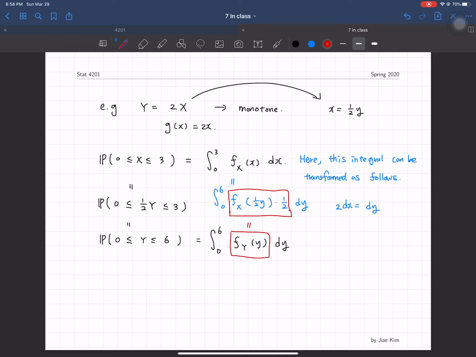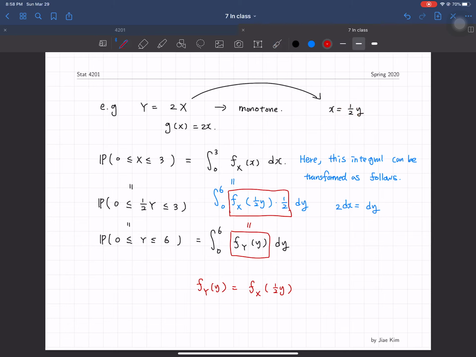So what this tells us is, in fact, this unknown density function of y, f sub y, can be obtained through the density function of x by replacing x by the inverse function of the transformation. In this case, half of y, which is g of x inverted, expressed in terms of y. And this half part comes from what? You invert the function and take the derivative with respect to y, then you will get half.